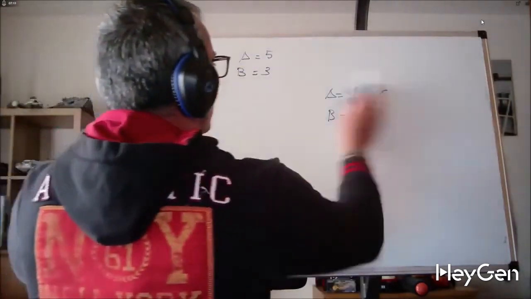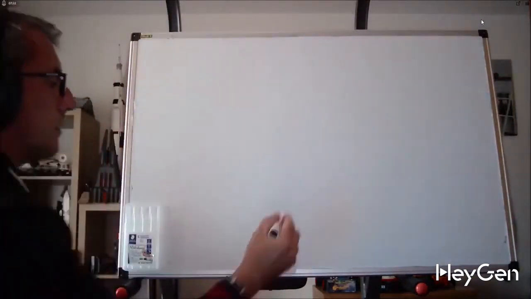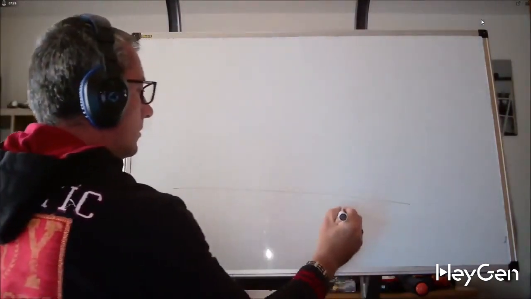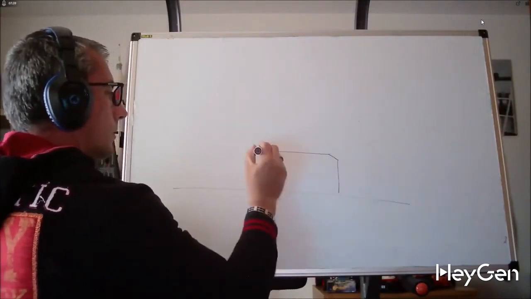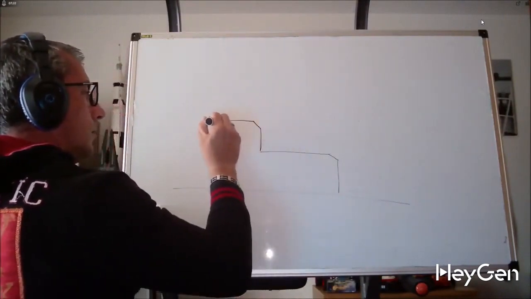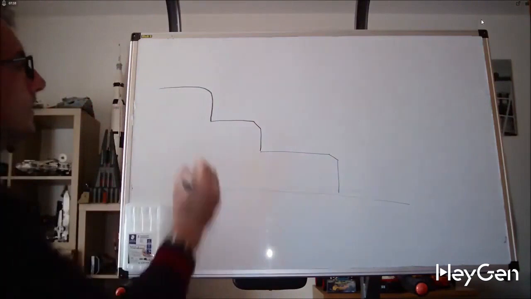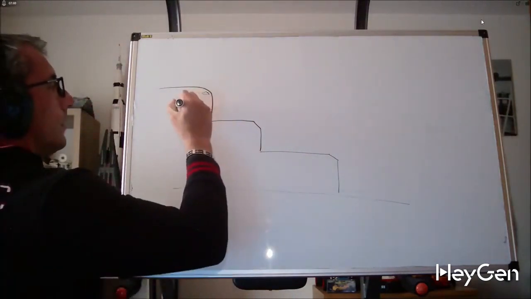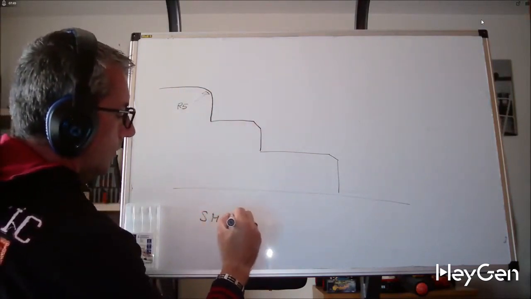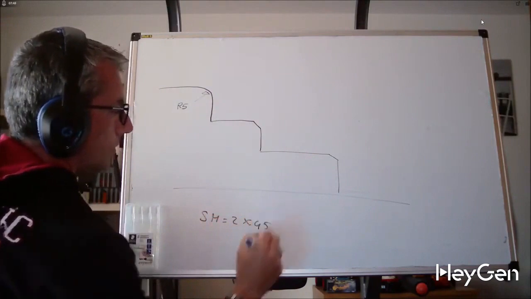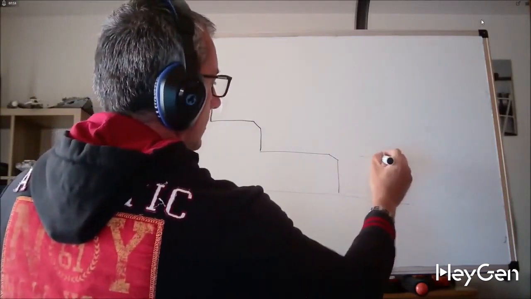A simple example: I have a family of pieces like this, where I have constants like R5, unquoted fillets equal to 2 times 45. And they change. The diameters and lengths.